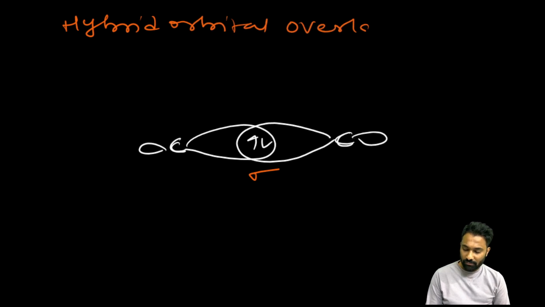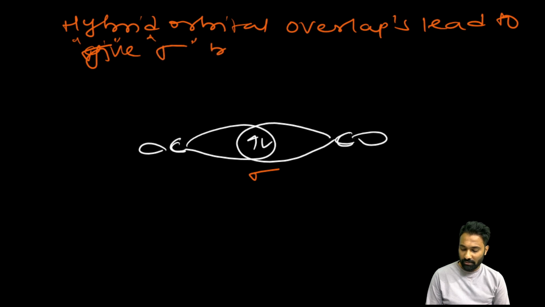Already I explained, hybridized orbital overlap leads to give a sigma bond only. One hybridized orbital from this carbon and one from this carbon form the sigma bond.